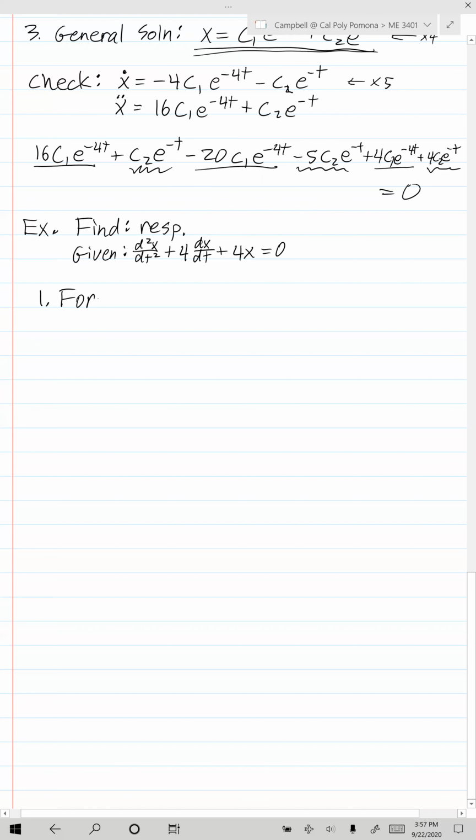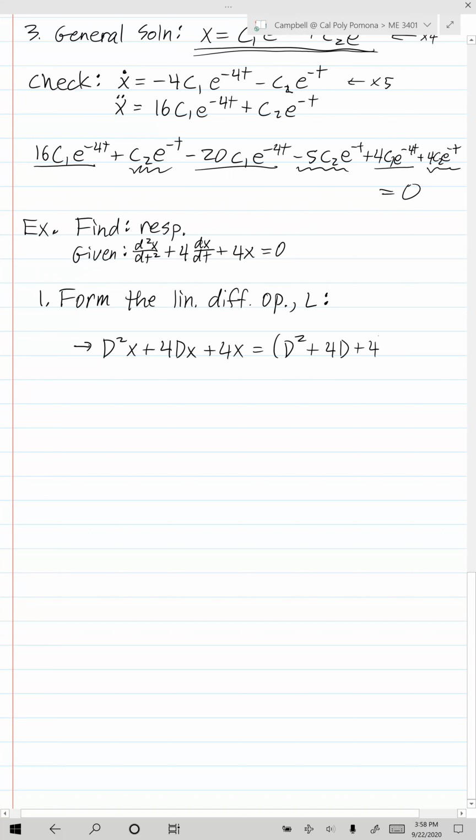So I don't want to hold you in suspense. Let's just go ahead and quickly form the linear differential operator, because I want to get to the interesting part of this particular problem. We can see quite quickly that we have D squared x plus 4Dx plus 4x, which, factoring out the x, is D squared plus 4D plus 4 times x.